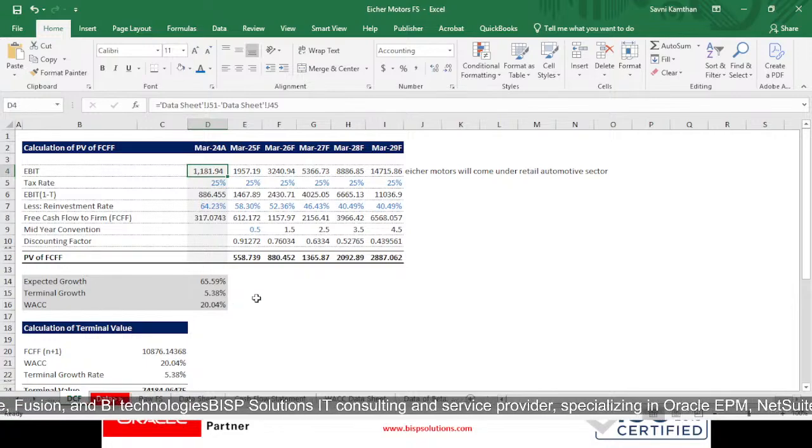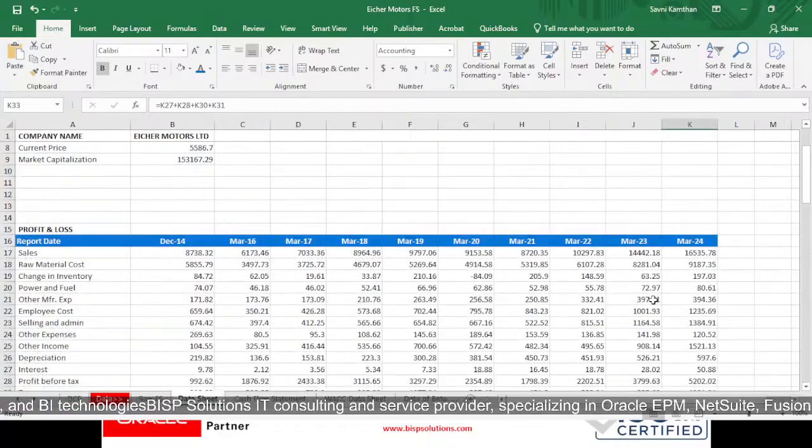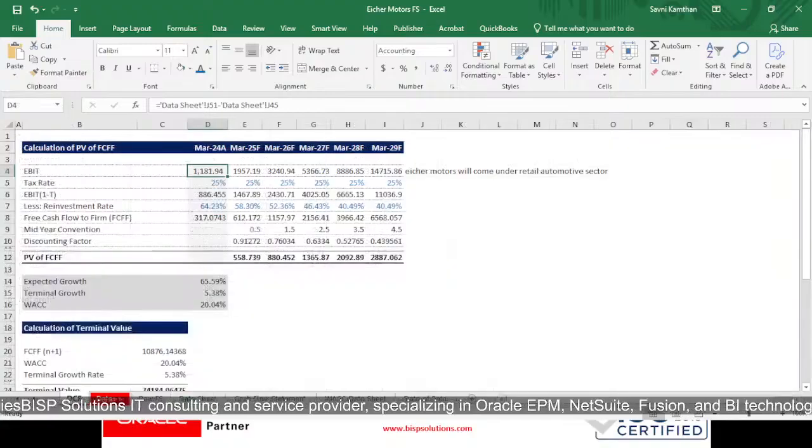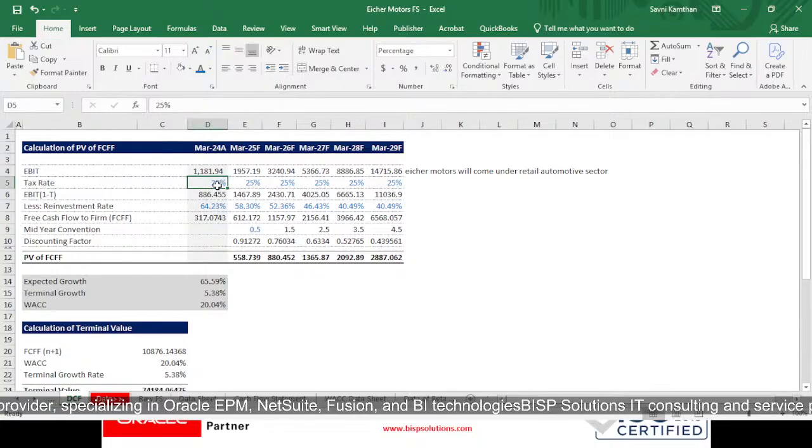So for EBIT, we have taken from our data sheet last year's data, which is 10,650, and I have deducted my depreciation, so I will be getting my EBIT. Okay, now my tax rate will be 25%, which I have already told you all.